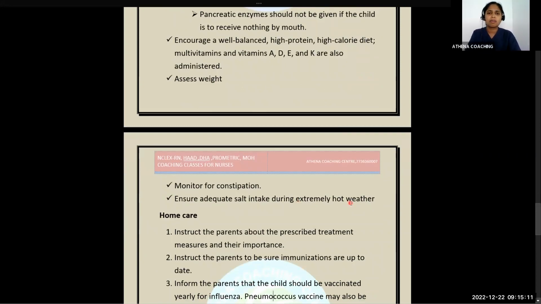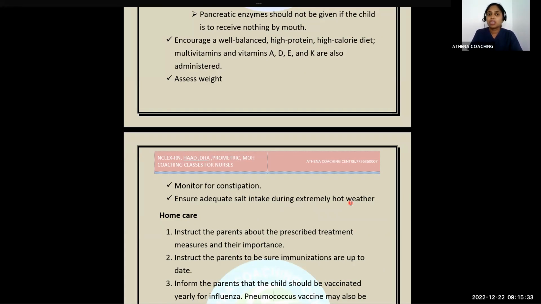This particular point is something very important, because the hallmark sign of cystic fibrosis is salty tasting skin or a salty kiss. So normally we think that we need to reduce sodium, but no, sodium has to be given as per the requirement of a particular patient's body.